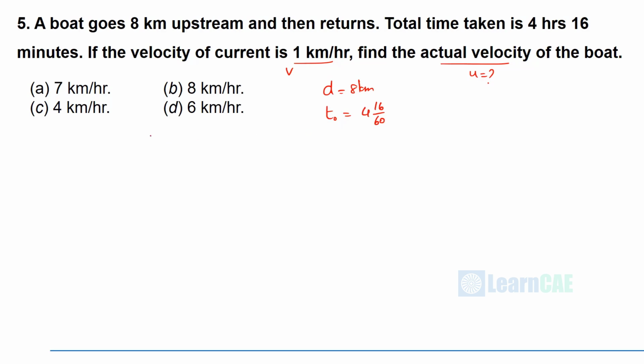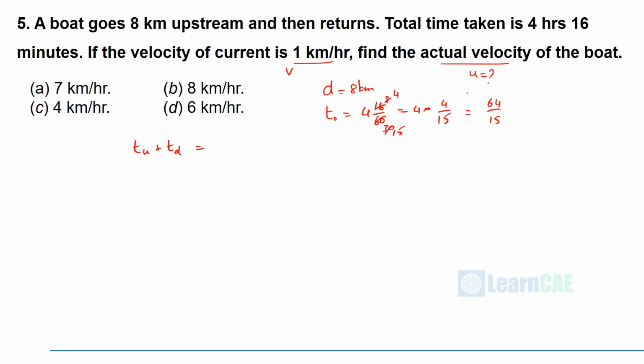We shall solve this. The total time taken is T0, which can be written as time taken upstream plus time taken downstream. 4 hours 16 minutes is equal to 4 into 4 by 15. 4 fours are 16, and 4 by 15 hours is... this is 4 into 15 is 60, 60 plus 4, 64 by 15.